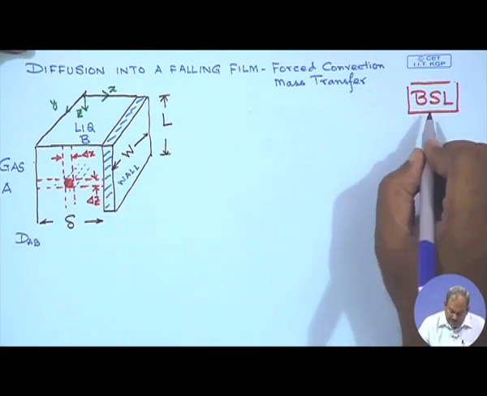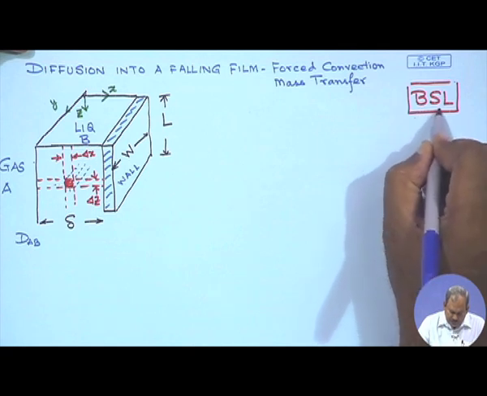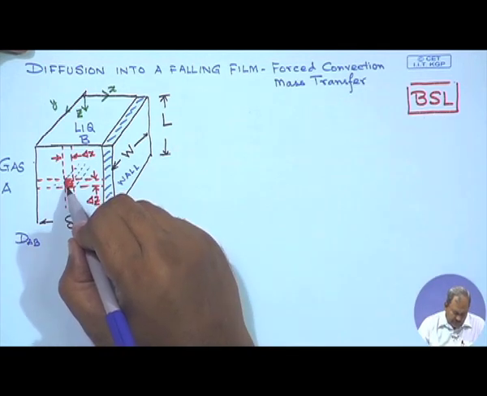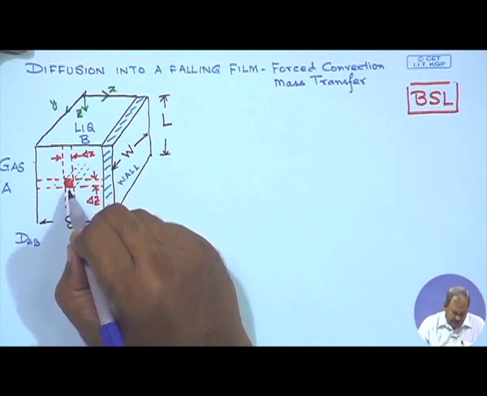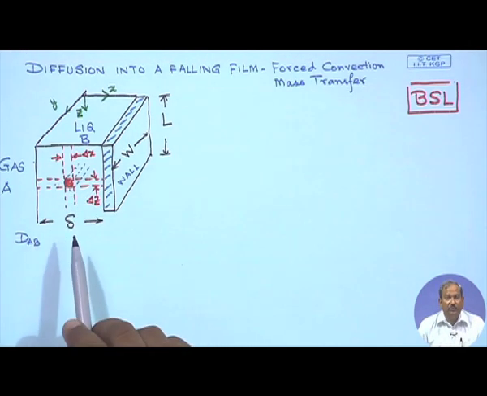This problem has been presented in Bird-Stewart-Lightfoot using this shell species balance. So you can take a look at that. But since we know the species balance equation, what we are going to do now is simply write the species balance equation in rectangular coordinates, in XYZ Cartesian coordinate systems, and simply cancel the terms which are not relevant.